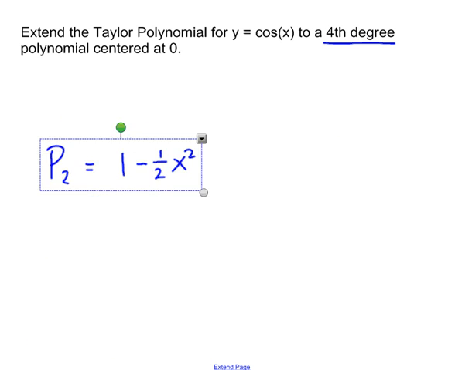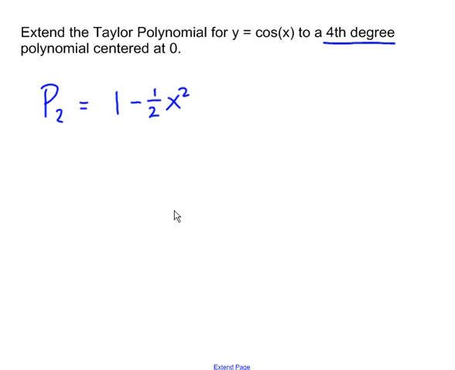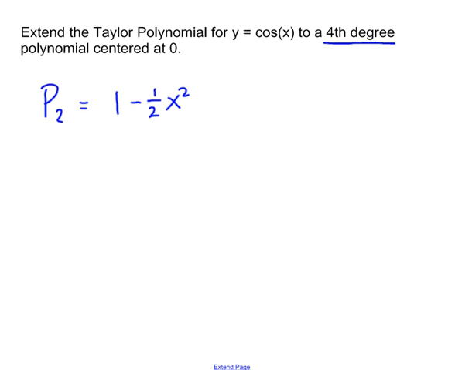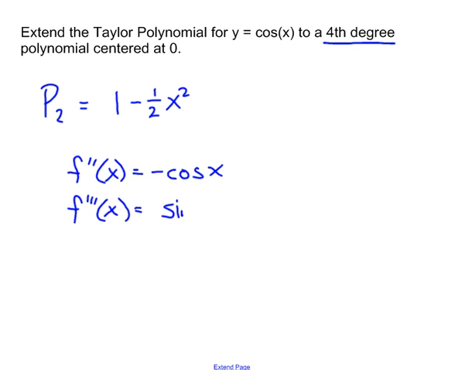So we can start off with this and just keep building, and we need to see where we left off. We knew the second derivative was negative cosine x. We're going to need the third derivative, which is going to bring us back to sine of x, and the fourth derivative equals cosine x.